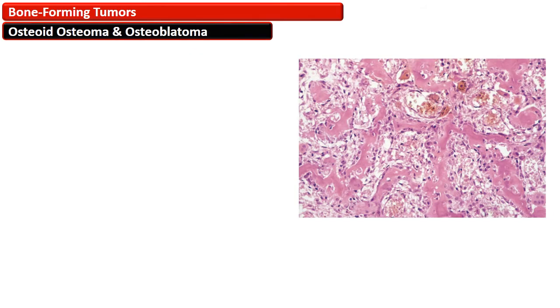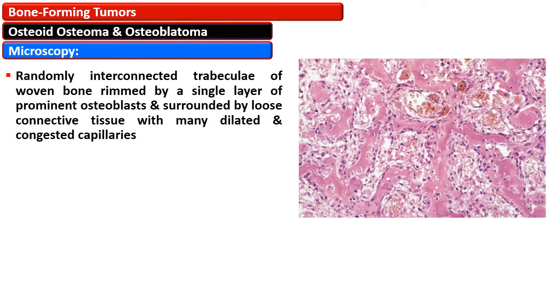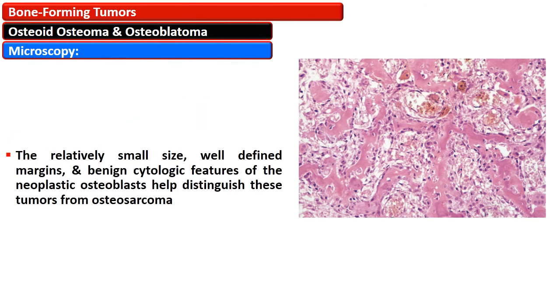The histologic appearance of the osteoid osteoma and osteoblastoma are almost the same. The histology is described as randomly interconnected trabeculae of woven bone. These are rimmed by a single layer of prominent osteoblasts and surrounded by loose connective tissue, and there are many dilated and congested capillaries which are responsible for the red color of the nidus grossly.